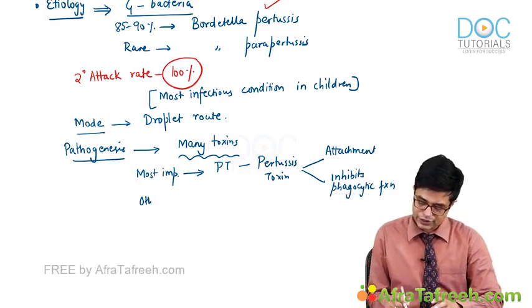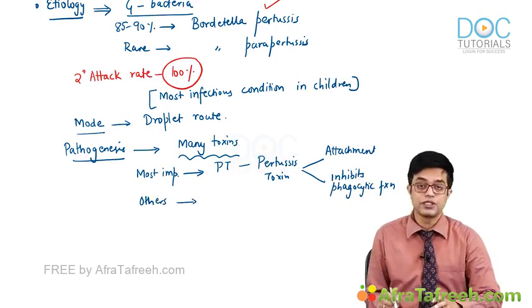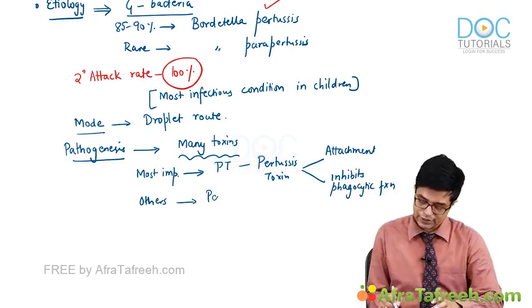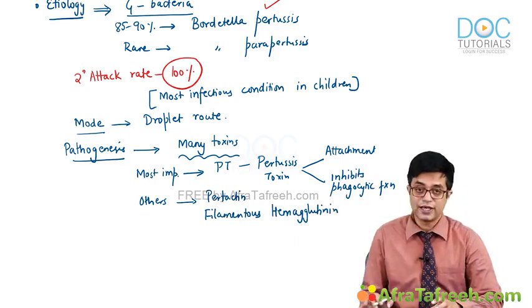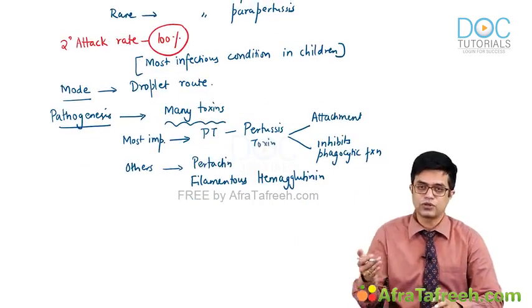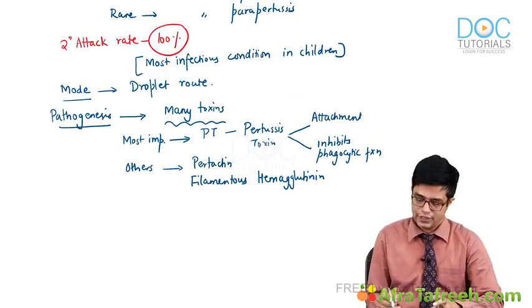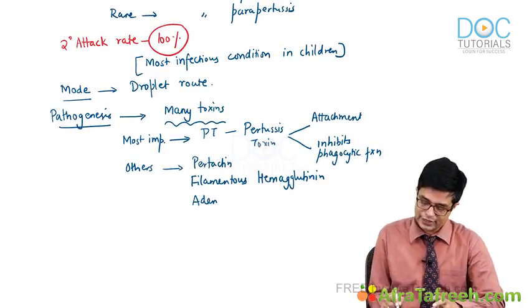Other important toxins which the bacteria produces include pertactin, filamentous hemagglutinin. Why am I summarizing these? Because questions have been asked regarding the important toxins produced by pertussis. They can produce adenylate cyclase toxin.